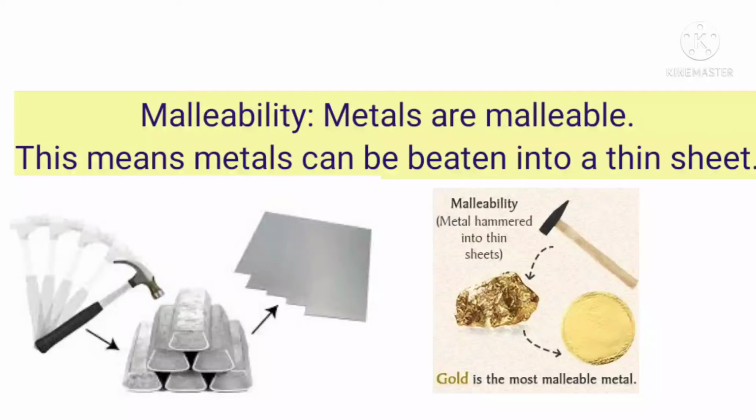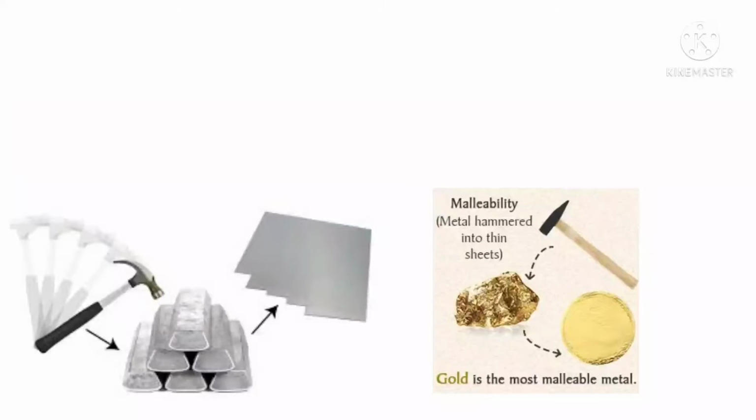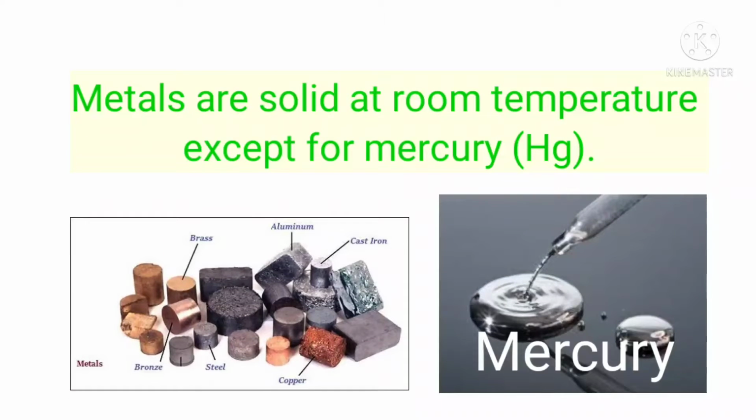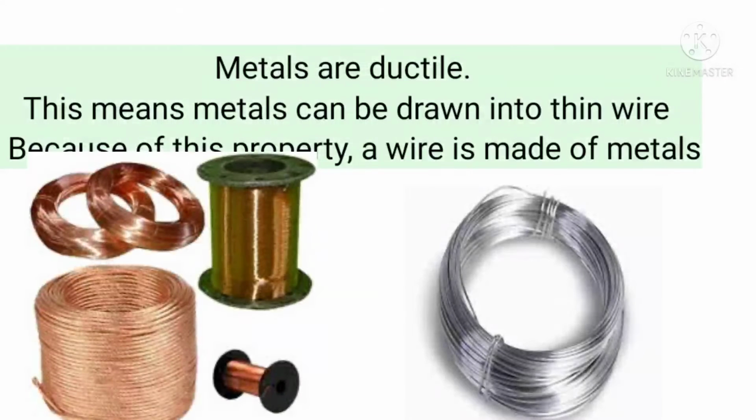Another property of metals is that they are malleable, because metals can be beaten into thin sheets. Metals are solid at room temperature, but there is one exceptional case, mercury. Mercury is liquid at room temperature. Another property of metals is ductility.